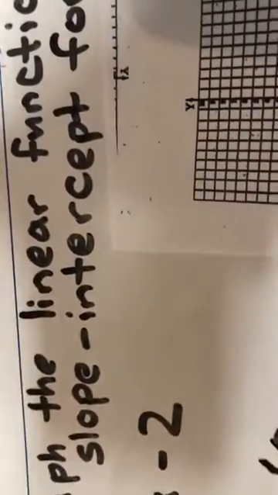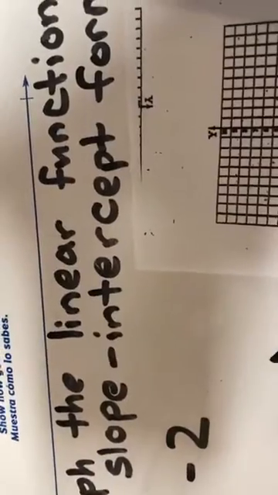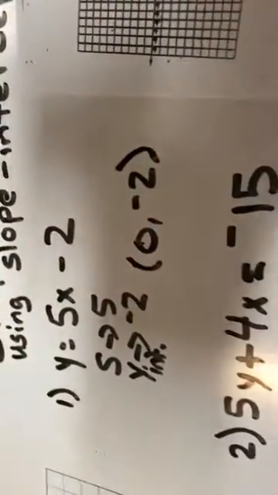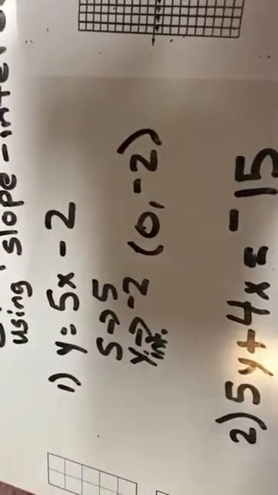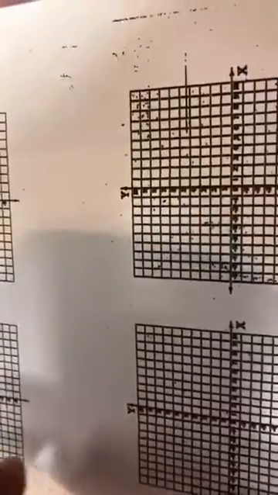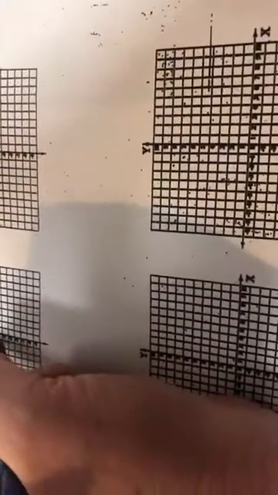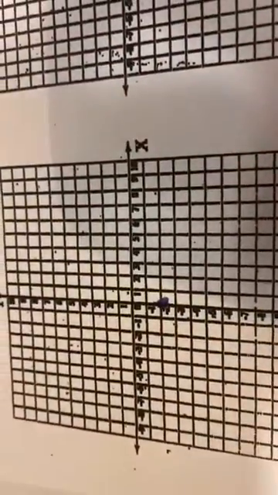So that means that you have an ordered pair of 0, negative 2. The y-intercept is negative 2. That means that when x is 0, y is at negative 2, and I go ahead and plot that on the graph at 0, negative 2.